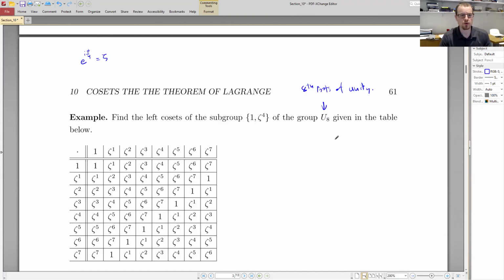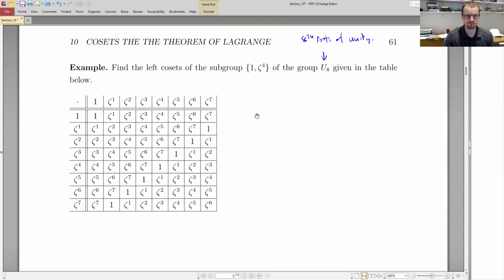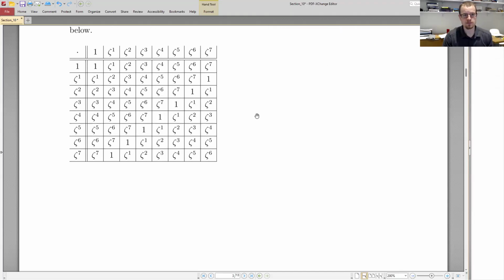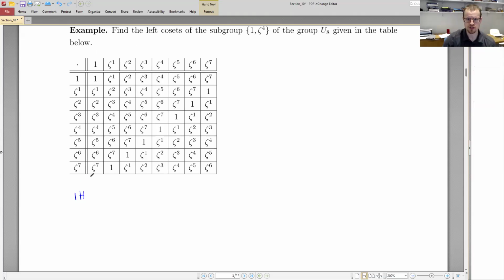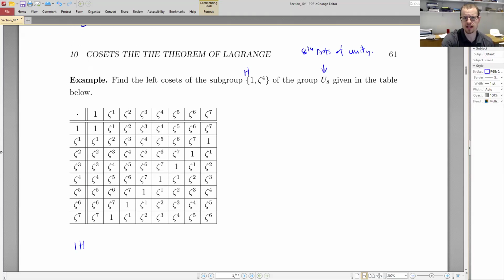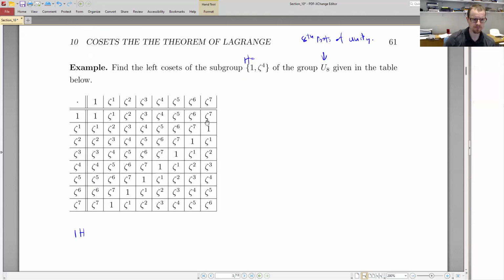All right. From here, we want to figure out the left cosets for this subgroup. To determine the left cosets, what we would like to do is simply take each element and multiply on the left by our subgroup. So I can start with 1. 1 times our subgroup. I'll just denote it as H here. If you wanted to, you can make a note: we're saying H is this subgroup.